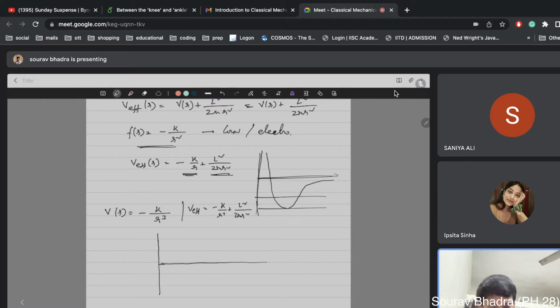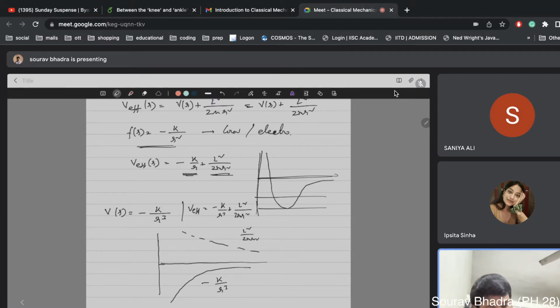Okay, so if you plot this potential, it will look like this. So this will be the minus k by r cube, and this will be the L square by 2 m r square thing.